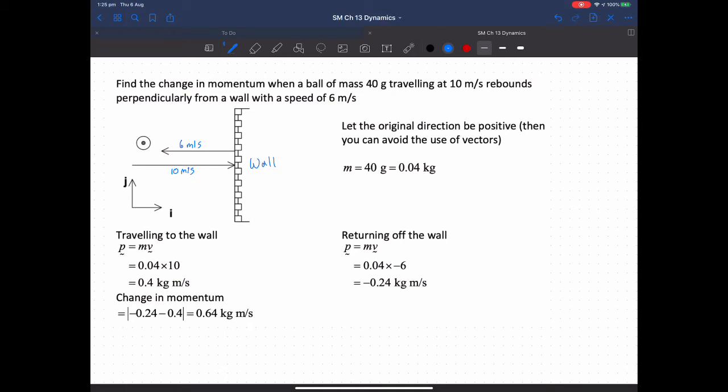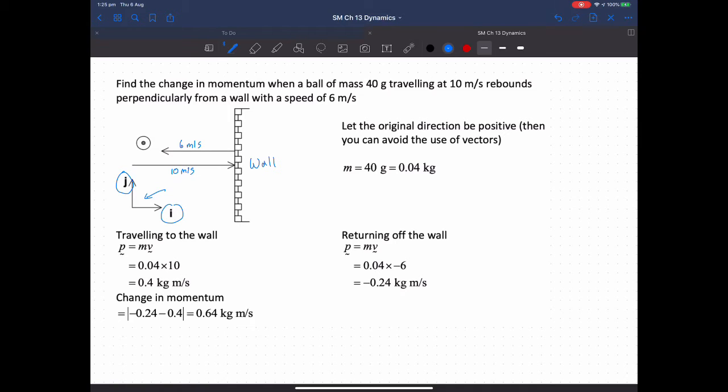Because we have two parts to this problem, the ball travelling towards the wall, then away from the wall, we need to define very carefully our direction. I've drawn on the diagram our unit vector i and unit vector j directions.